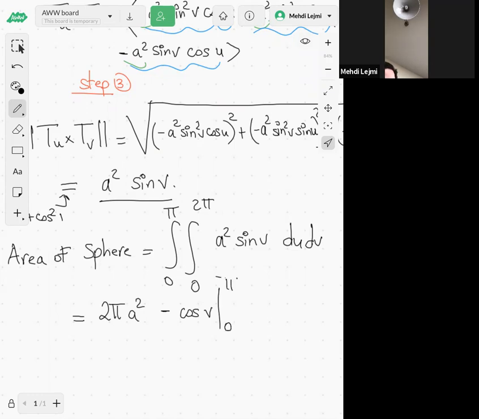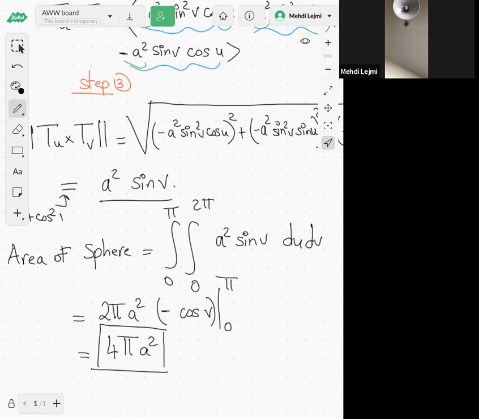The answer: cosine of pi is -1, minus -1 will be plus 1, so that's 2, and 2 times 2 is 4, so the answer is 4 pi a square.